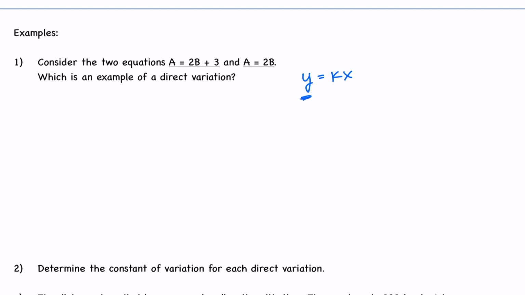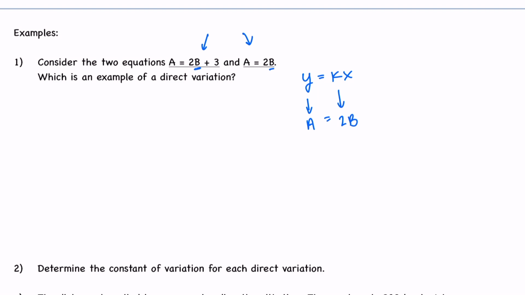Y is our isolated variable, which means it's by itself, whereas x is being multiplied by some sort of constant or number. In both of these instances, a is our isolated variable, so a would be our y in this case. B is our other variable that is being multiplied by some constant. So our constant is going to be 2, and our variable is going to be b.